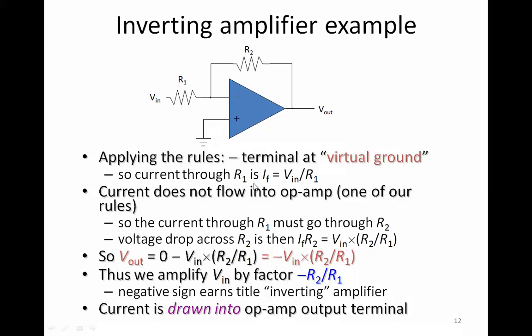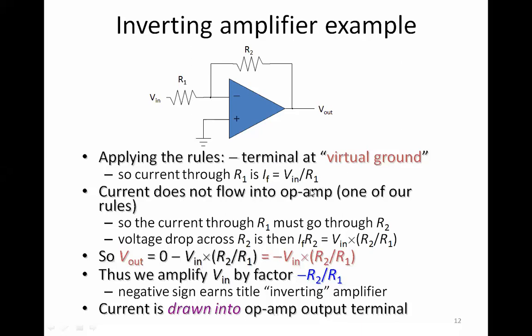If I need to know how much current is passing through this resistor R1, then I have to put the formula V is equal to IR. So this I is equal to V in divided by R1, right? So this is fair enough. We all know that the current is equal to V in divided by R1.